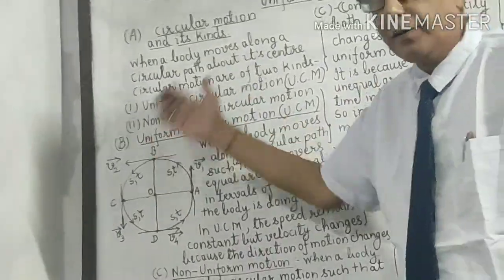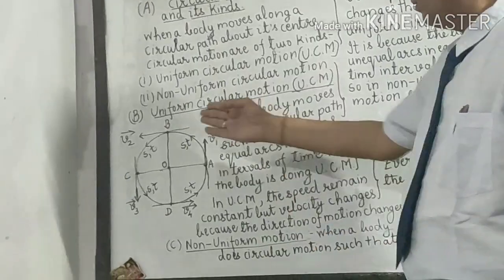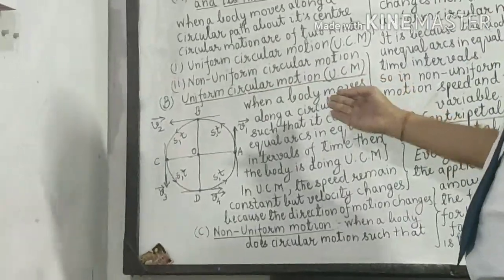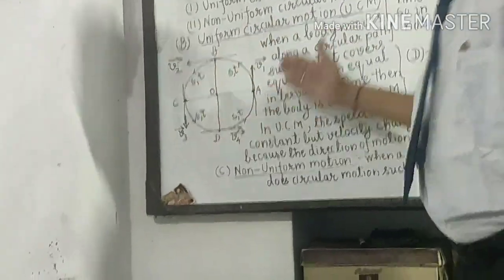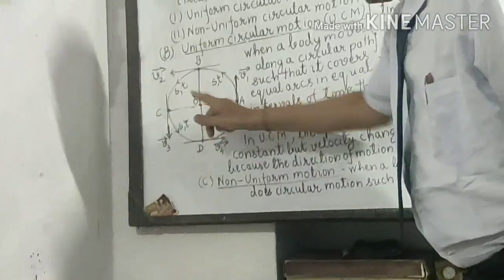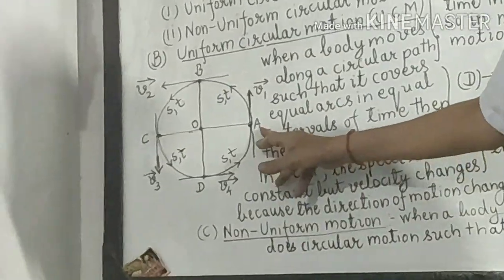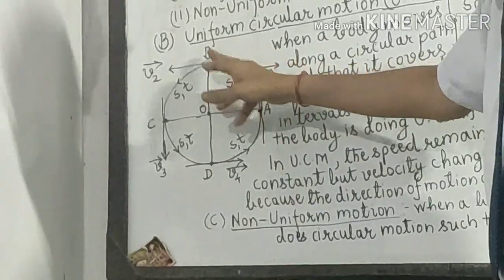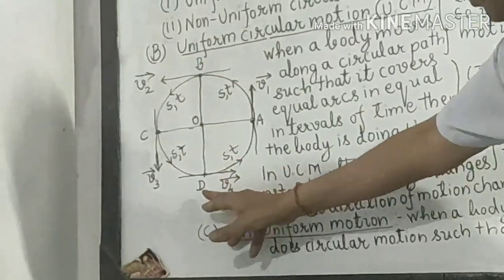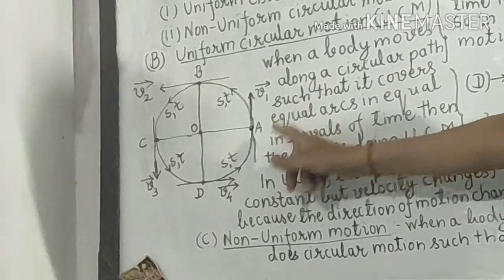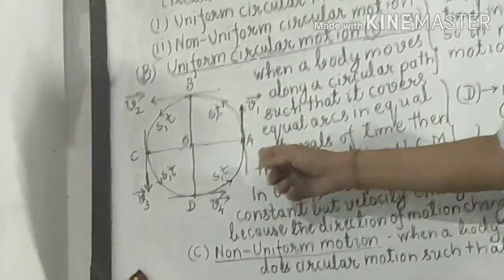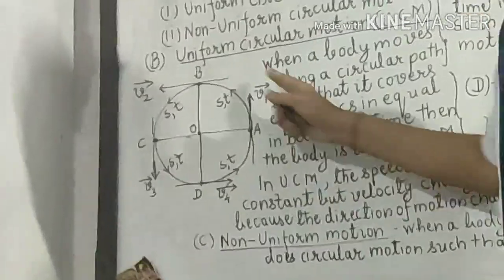Now the B part, uniform circular motion, UCM, and its properties. This is a simple diagram which I have drawn. It is a simple circle. O is the center, and the body starts from A, then it comes to B, then to C, then to D. It is moving in the anti-clockwise direction.